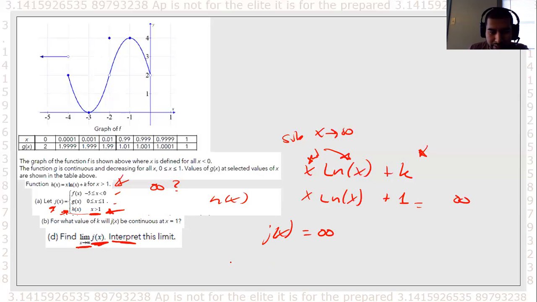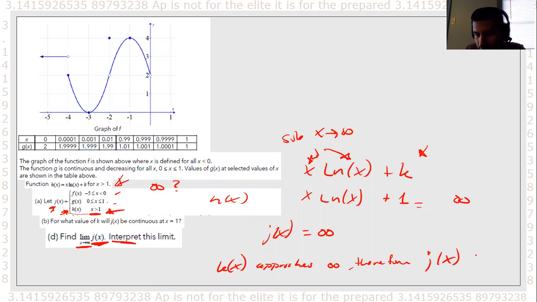And we can interpret this, we can say k of x approaches infinity. Therefore, j of x approaches infinity also.